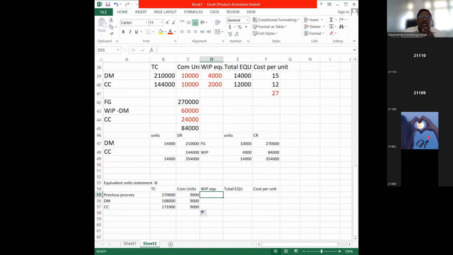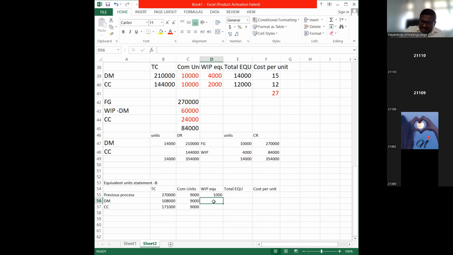Unit WIP is 1,000 units. 50% means 500. Direct material is added at the start of process A, at the end of process B, so you have to understand that. You have to remember WIP from the previous process cost is 100% completed because it's from the previous process.